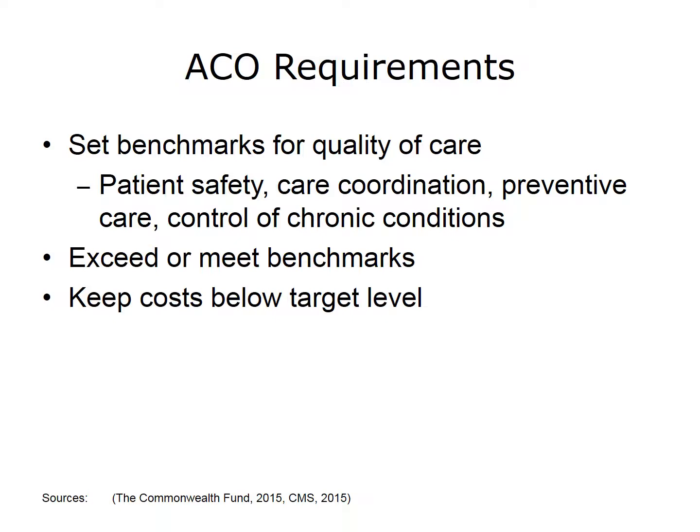This includes things like patient experience, patient safety, care coordination, delivery of preventive care, and control of chronic conditions. In order to share savings, the ACO must set benchmark levels of quality and meet or exceed those benchmark levels. They need to report these benchmarks and their performances, and they need to keep costs below a targeted level.